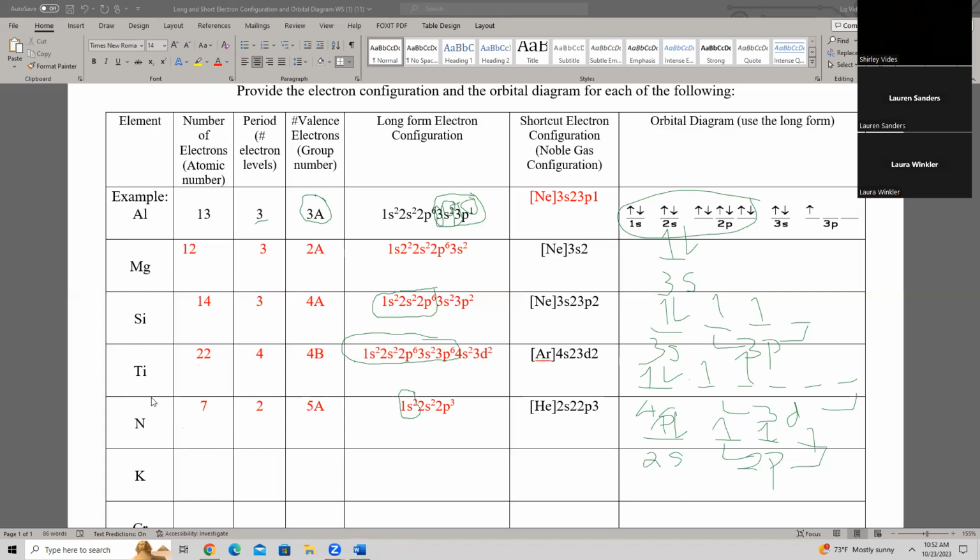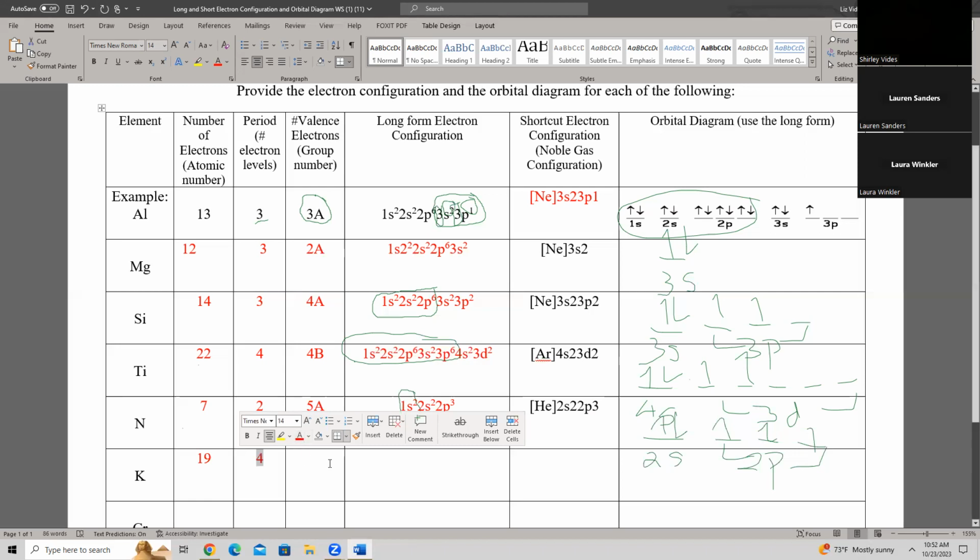All right, potassium, now we're going up again. Potassium is a larger one. We got 19 electrons to put in. So 19 electrons in period 4, group 1A. And we are ending in s1, obviously. So what is our noble gas for potassium?